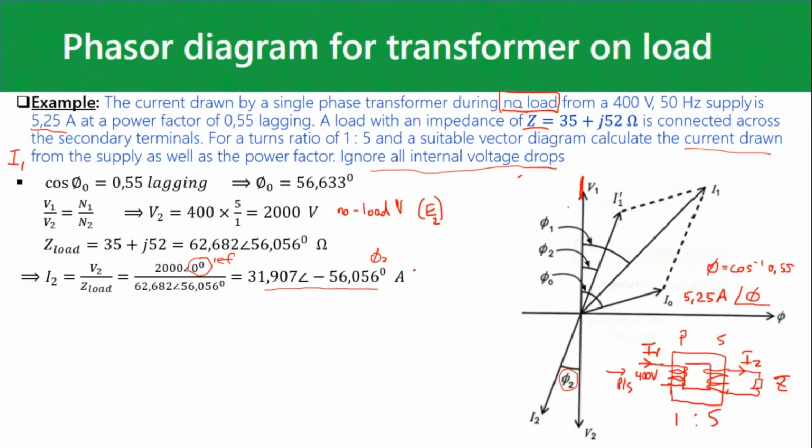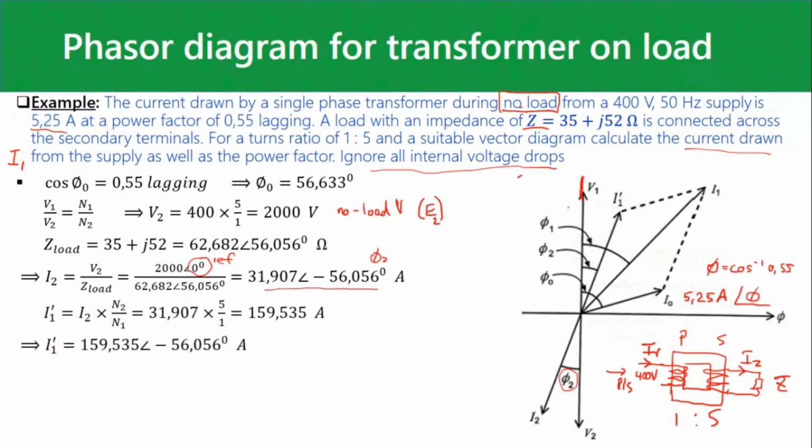All right. So then, you see, it is very close to this. So this is kind of exaggerated, this I1 prime angle and this I0 angle close to each other, hey? All right, so what is the magnitude of I1 prime? It's I2 times the turns ratio. And I1 prime is then 159,535 at this angle minus 56,056.